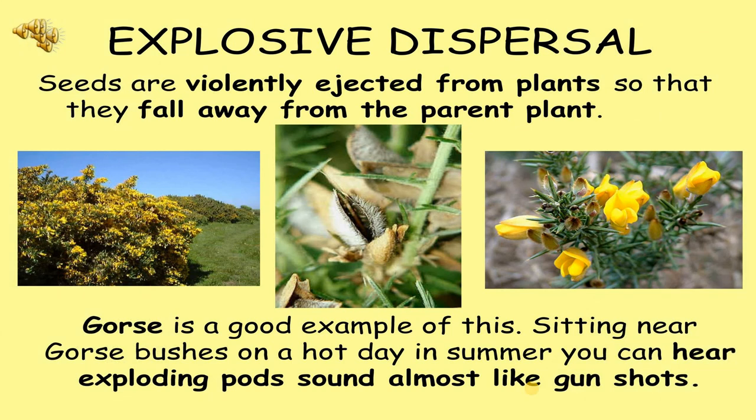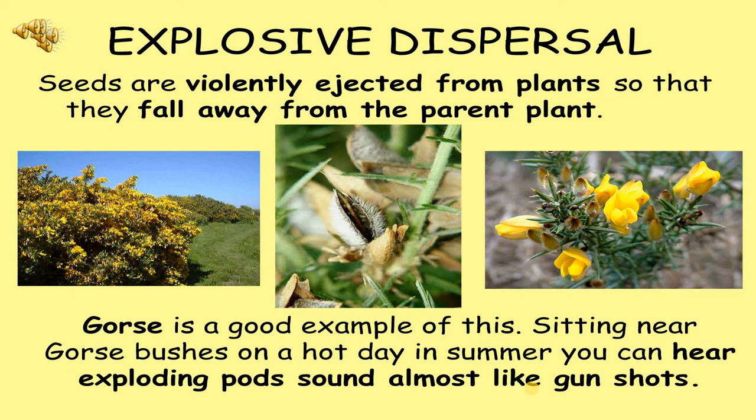Next is the dispersal of seed by an explosive mechanism. What is that? Seeds are violently ejected from plants so that they fall away from the parent plant with a huge force. That is, when some fruits ripen, strain is set up in their walls, until the fruits split into two halves and their seeds are thrown away from the parent plant with great force in all directions.